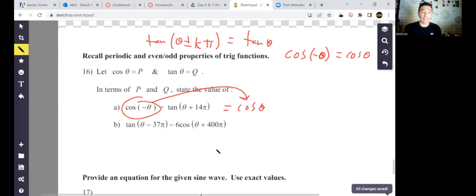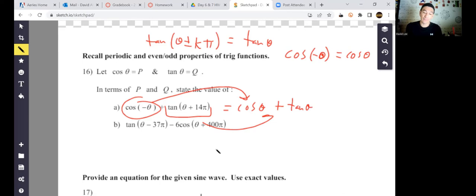As long as k is a whole number, whether it's positive or negative, it doesn't matter if it's even or odd. As long as it's not a decimal. If this is an integer, then tangent of theta plus or minus whatever pi is basic tangent of theta. So based on that, this tangent of theta plus 14 pi just gives you back basic tangent of theta.